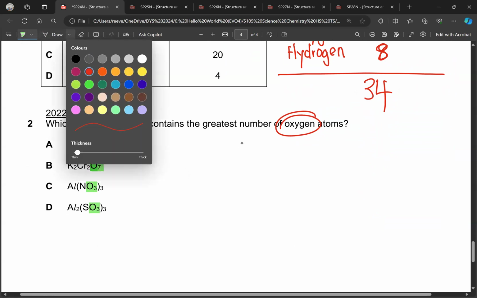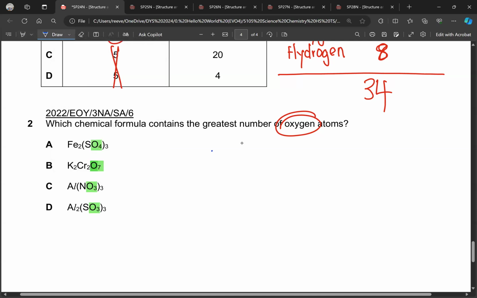No issue. Okay, so here I have 4 oxygen, but it's multiplied by 3 because the oxygen is inside the bracket. I have 4 oxygen inside the bracket, so I need to multiply it with the number outside the bracket. So 4 times 3 is 12.